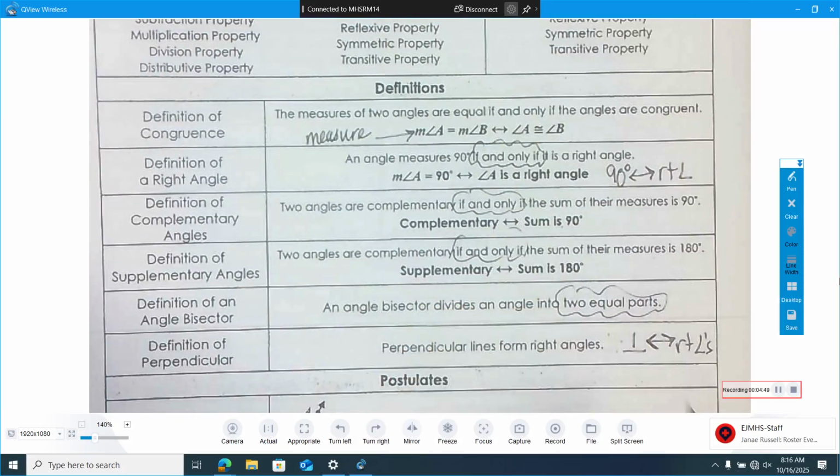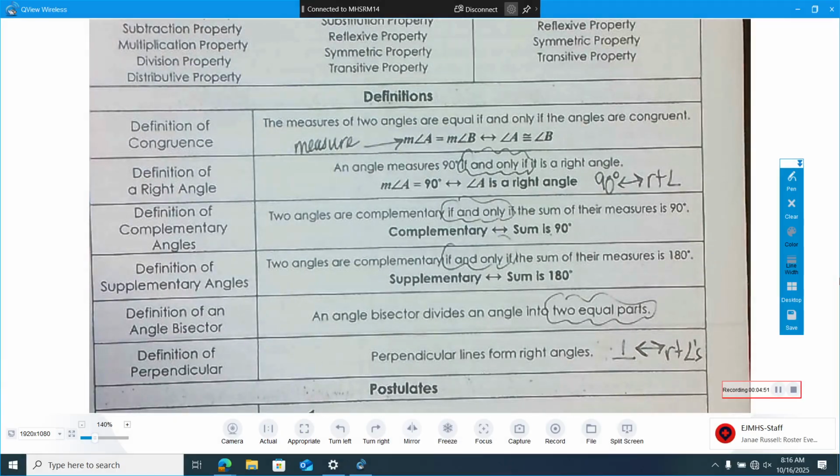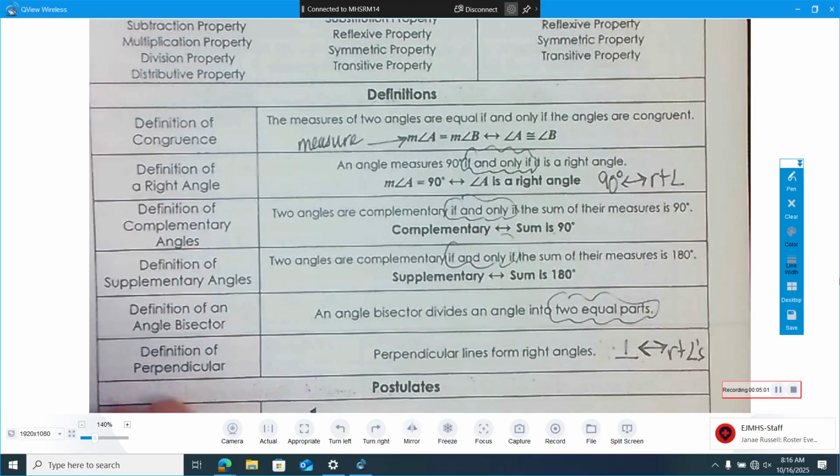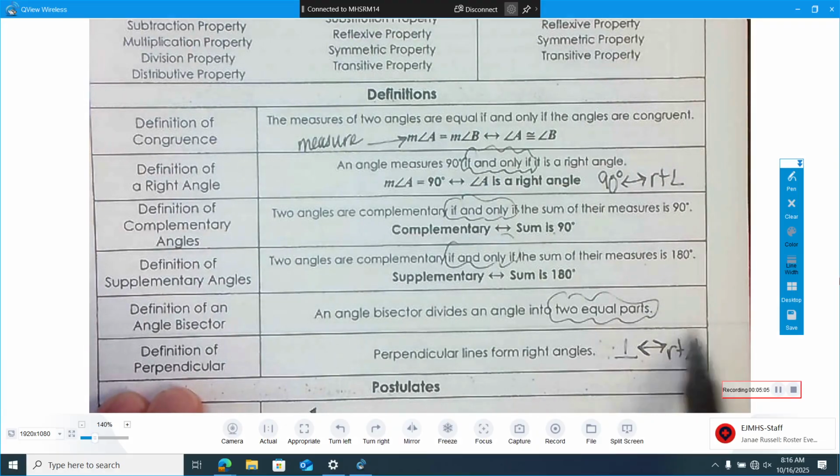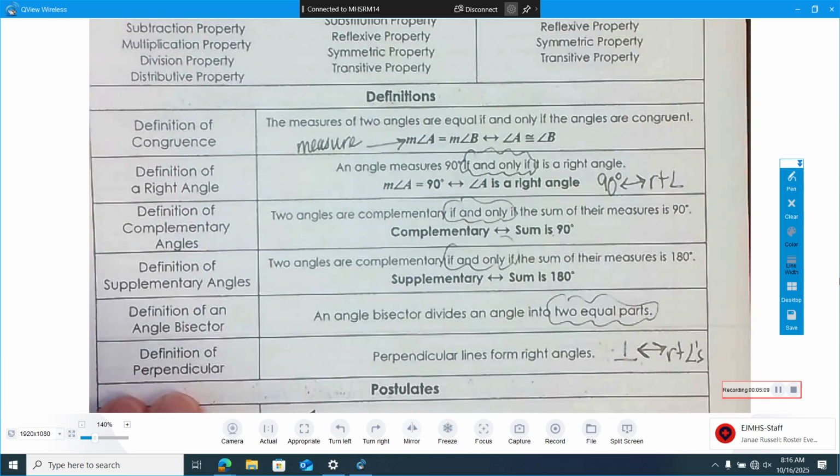Perpendicular implies right angles, and right angles implies perpendicular. So that is a double arrow as well. You can say definition of perpendicular, that's a good reason, or we could just write it like this: perpendicular means right angles, or vice versa, backwards and forwards.